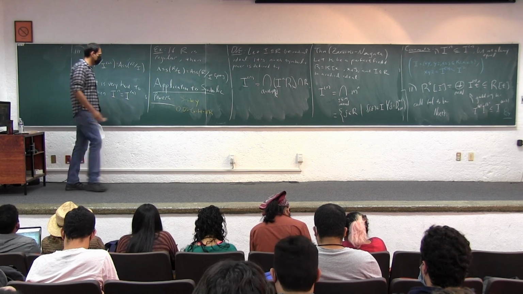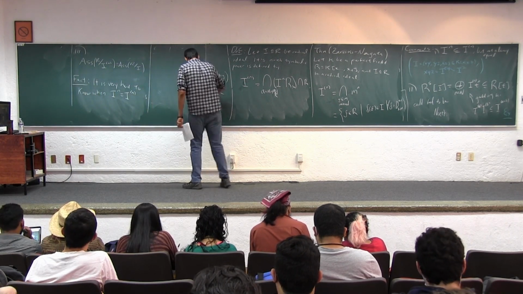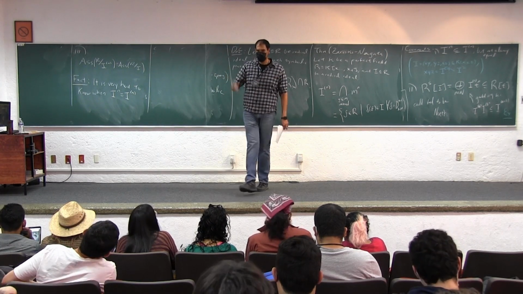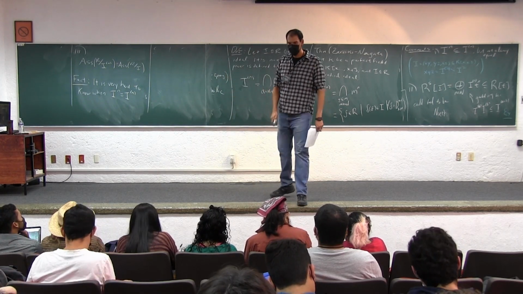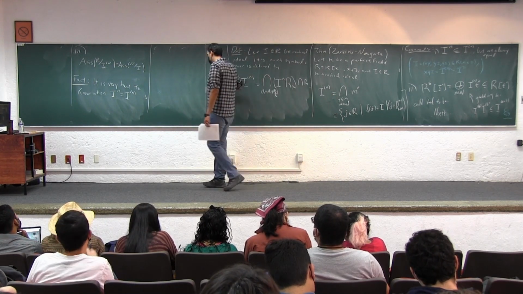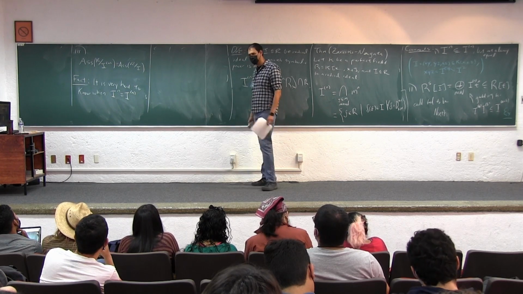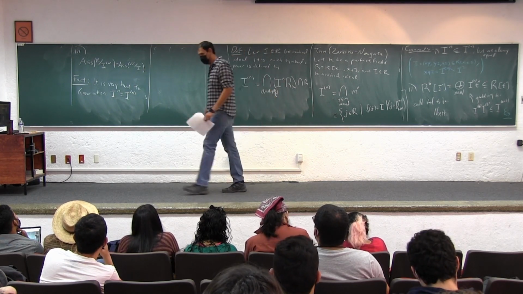Very hard. Pick a random square-free monomial ideal and then tell me if the powers are the same. It's not that easy. Even in the monomial case, which may look easier, it is not.